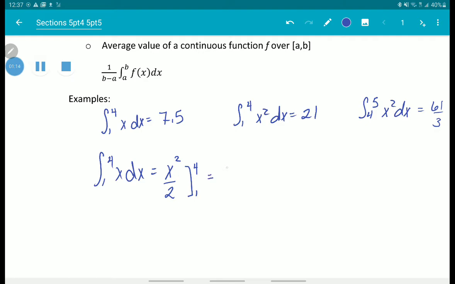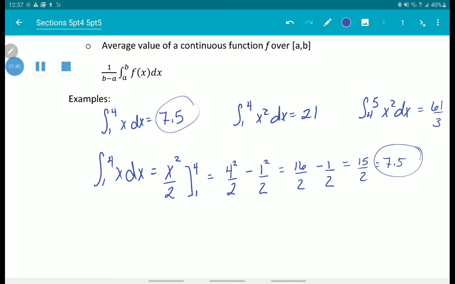We're going to plug in 4, and then we're going to substitute in 1. 4 squared is 16. 1 squared is 1. 16 over 2 minus 1/2 is 15 over 2, which is 7.5. So that's where they got the 7.5 from.